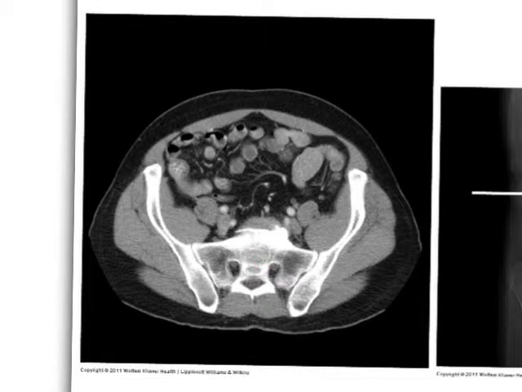This bony structure here is the sacrum. Right in here and in here, these are the internal iliac arteries. Very close by it is the right common iliac vein.